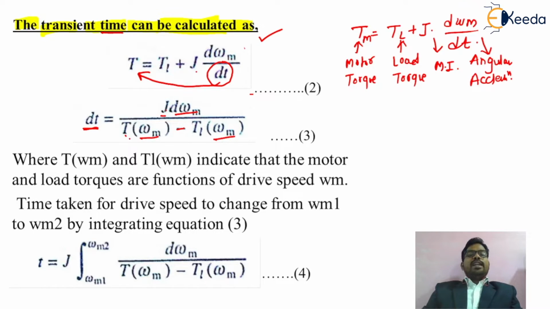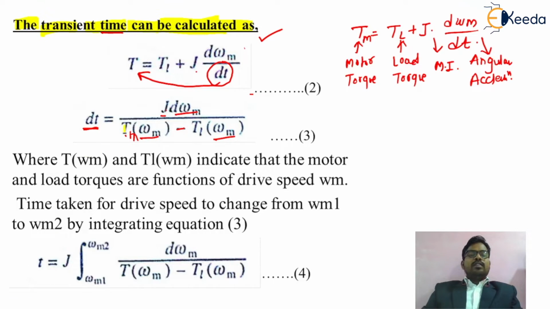So what do we mean by T(omega m) minus TL(omega m)? Basically T is called the motor torque, where T and TL are functions of the drive speed. So what do you mean by a function of the drive speed?